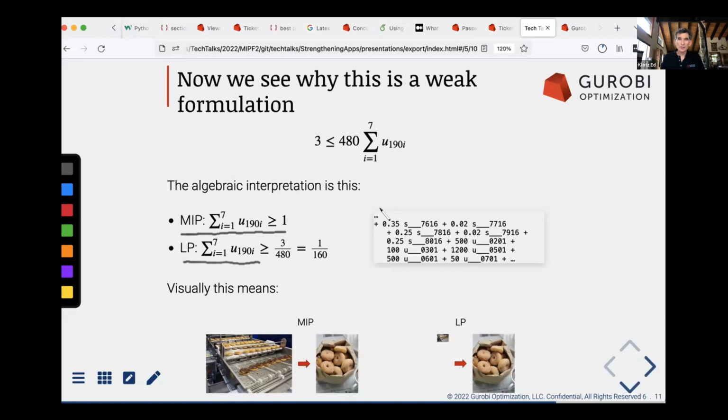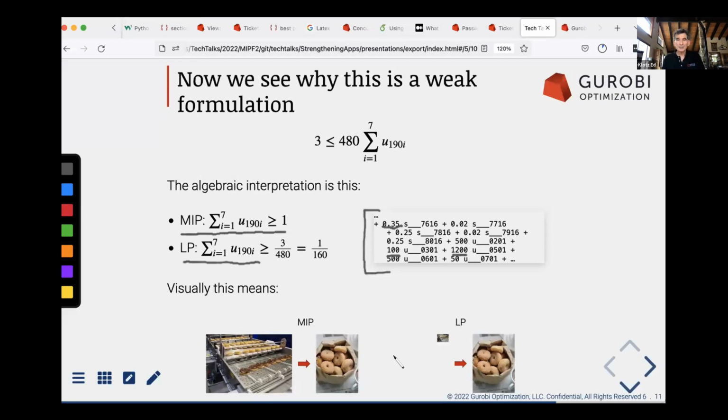Now, here's a little snippet of the objective. And what we see here is that these fixed charges are actually quite large, especially relative to the inventory costs. We can also visualize this. Our MIP model says we have this production machine, and if we turn it on, we can produce the amount of product that it's capable of doing.